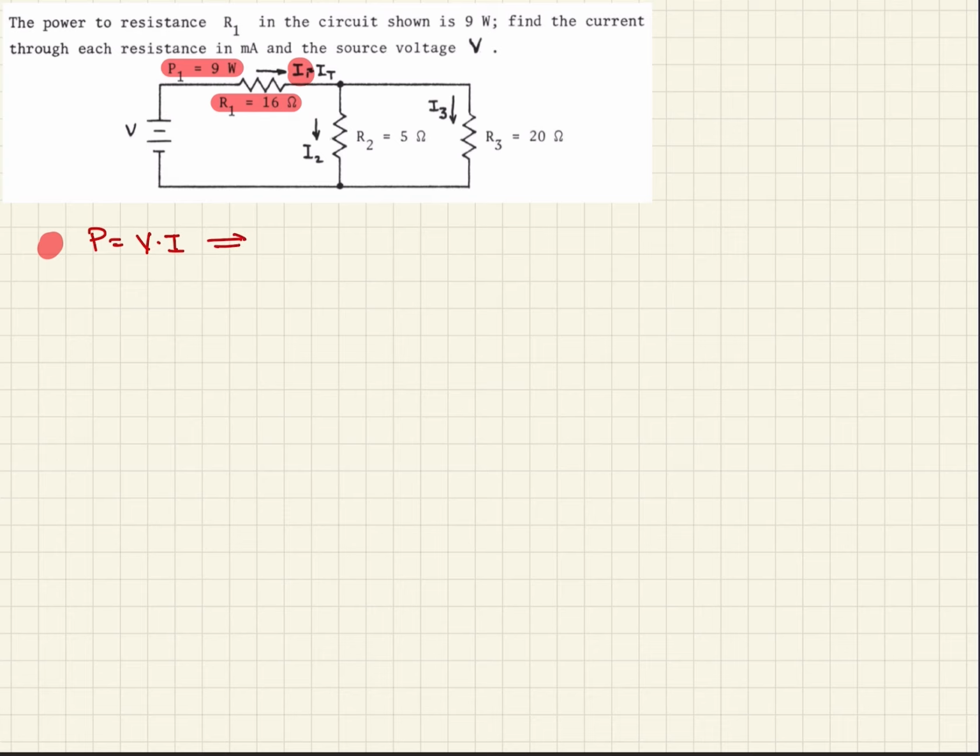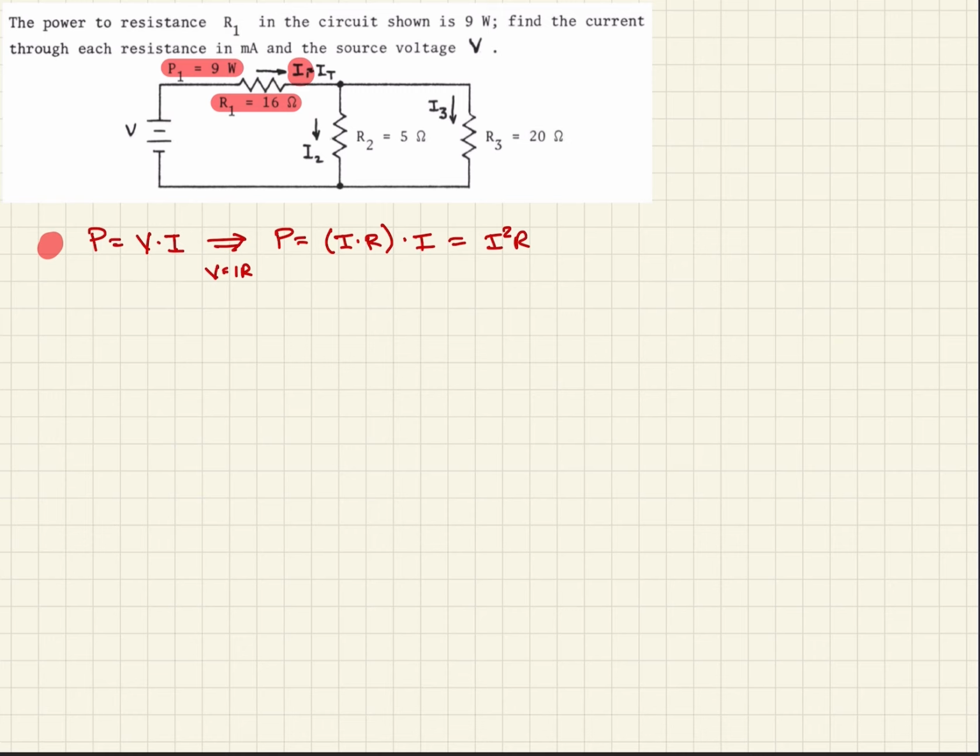But now we recall Ohm's law, V equals IR, and we can substitute in for the voltage since we don't know that. So now our new equation is P equals IR, which we replace for the voltage, times I. If we work that out, that's just I squared R.